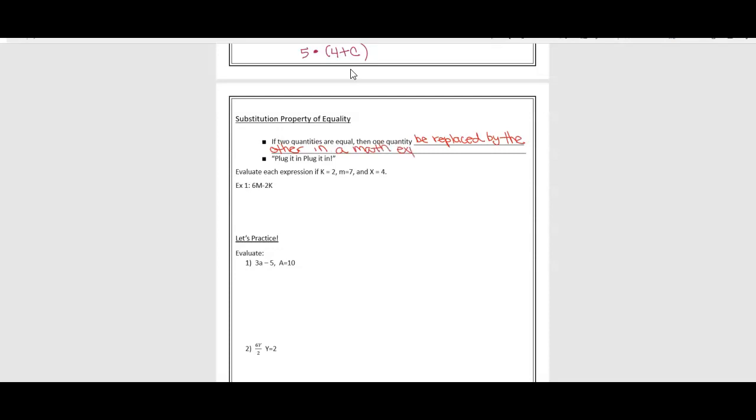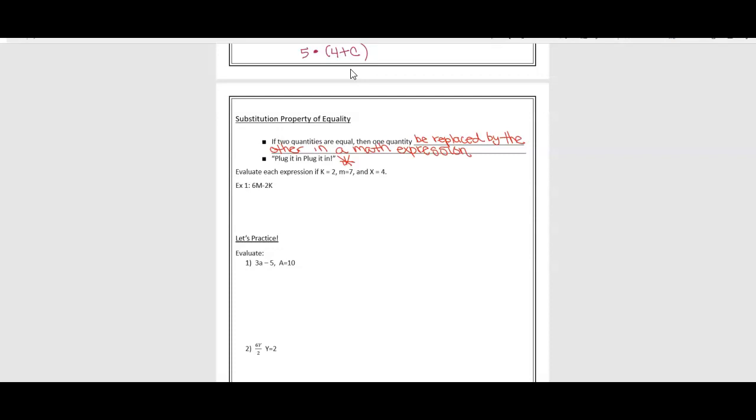In a math expression. And I want you to remember, plug it in, plug it in. Okay, so what does that mean? We're going to take our variables and we're going to plug in their values into our expression.